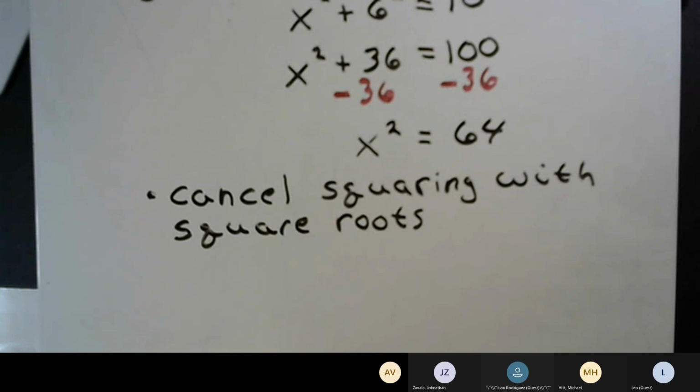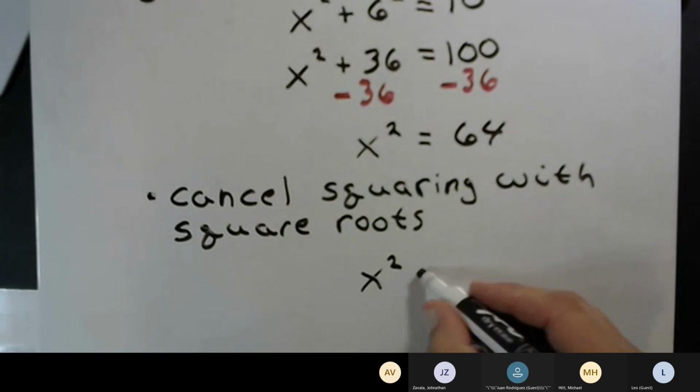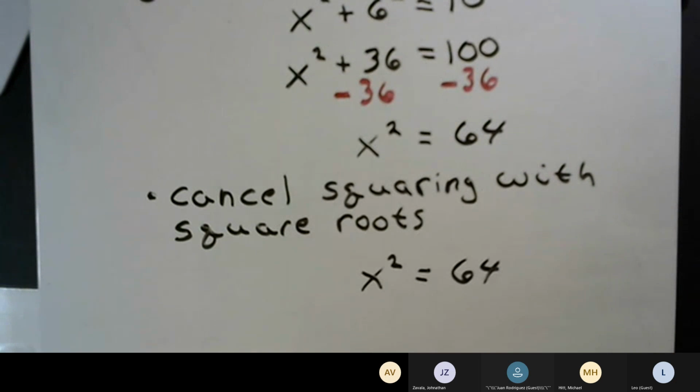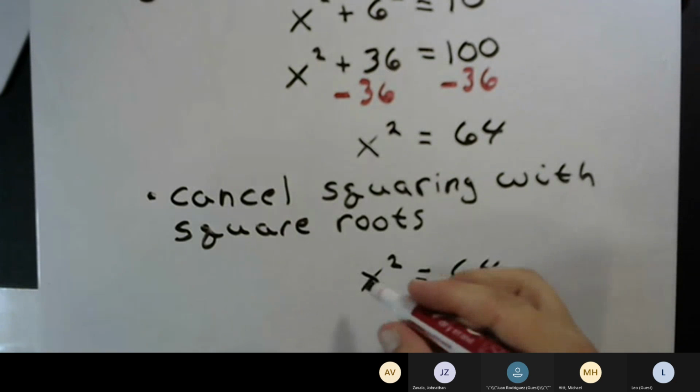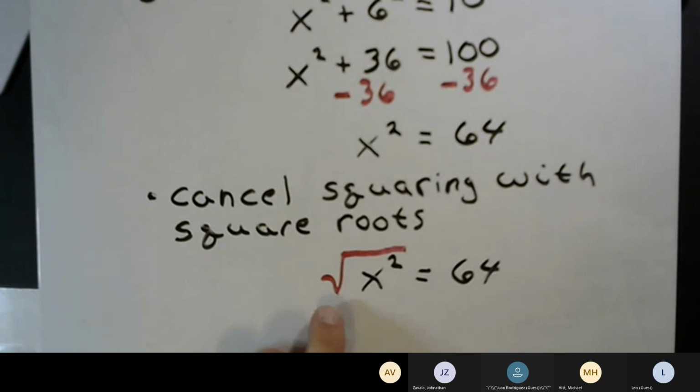And again, what we do to one side, we have to do to the other. So that means we can take the square root of x squared, and the square root and the square are going to cancel.